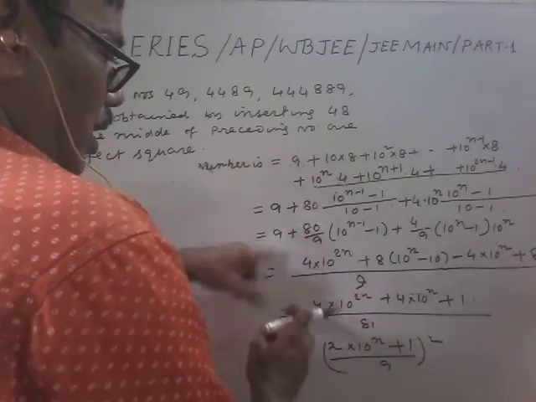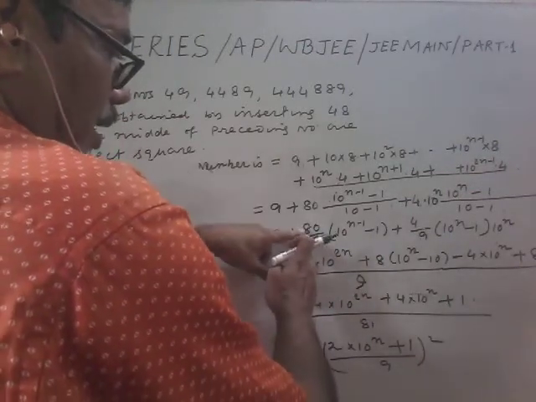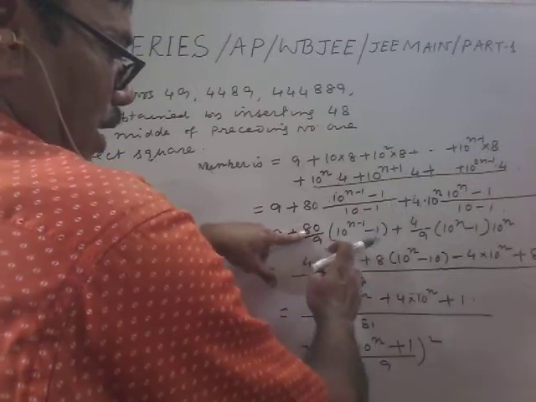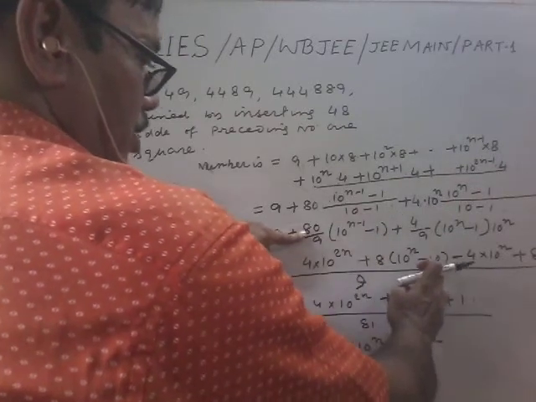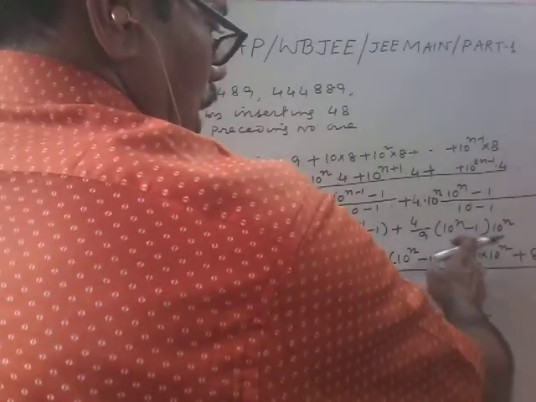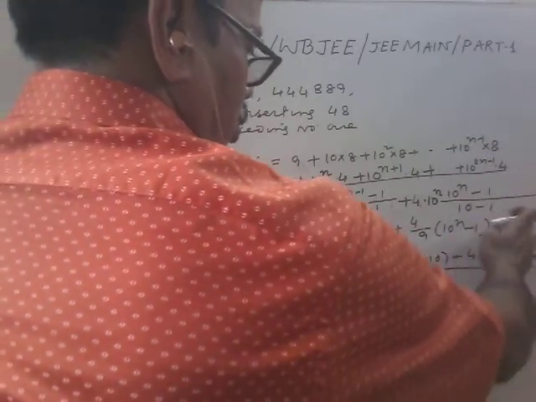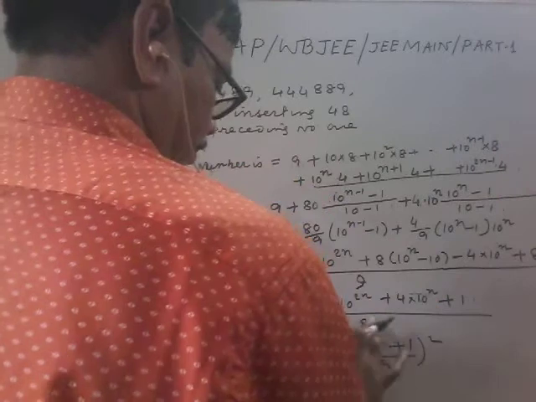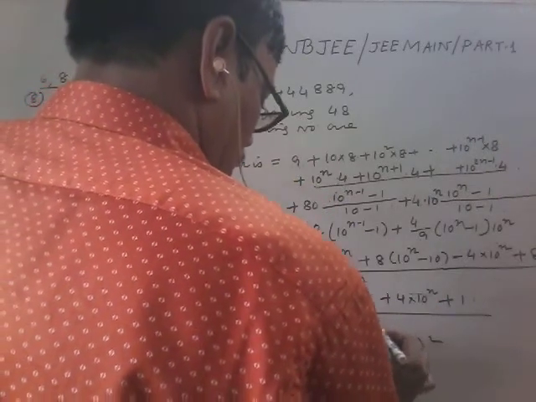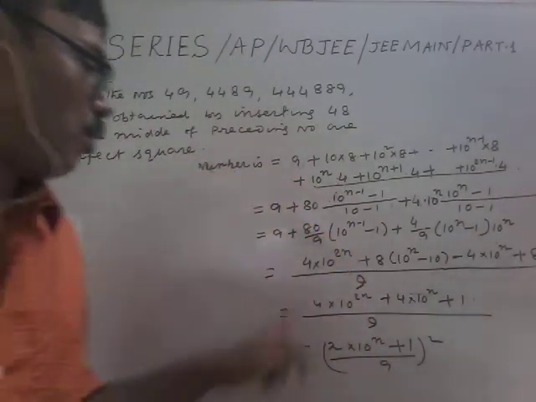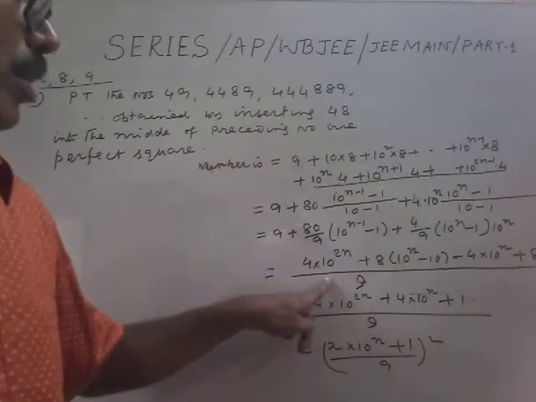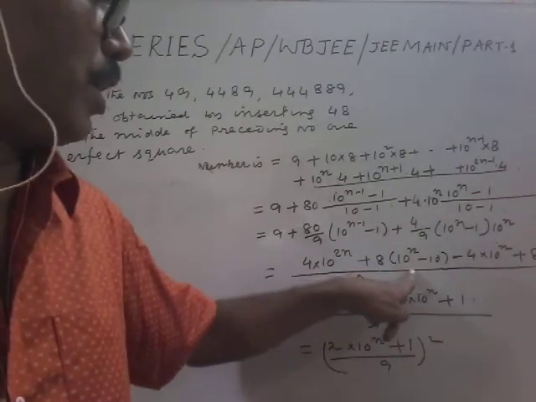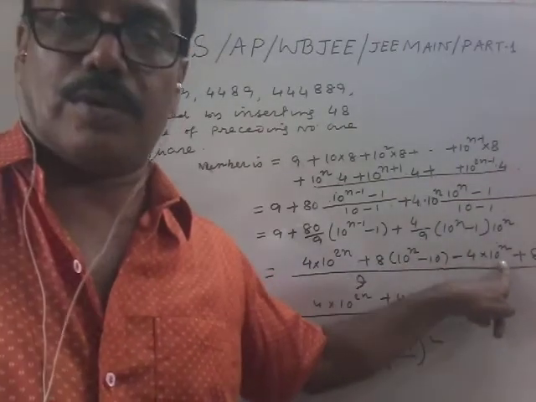Now 8, 10 multiplied here, 10 to the power n minus 10. And this one, 4 into 10 to the power n, and 9 into 9 is 81. Now listen, 4 into 10 to the power 2n, this is 8 into 10 to the power n minus 4 into 10 to the power n.